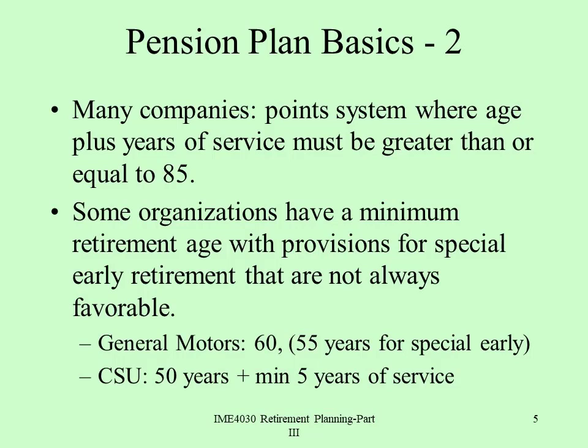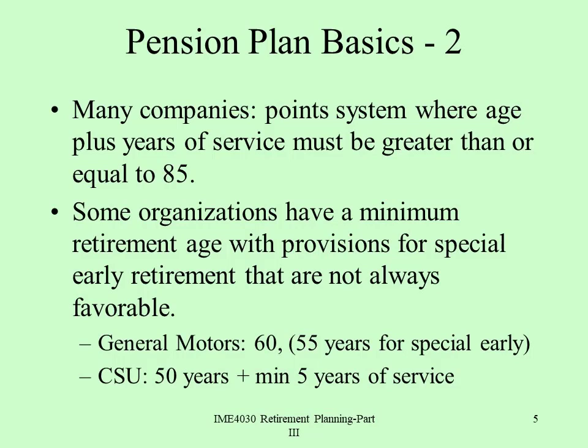Now, that's a very common kind of retirement plan. Some organizations have a minimum retirement age, but they do have provisions for special early retirements. But a lot of times, if you opt to retire early, the terms aren't very favorable in terms of what your retirement benefits are. It's a discouragement.